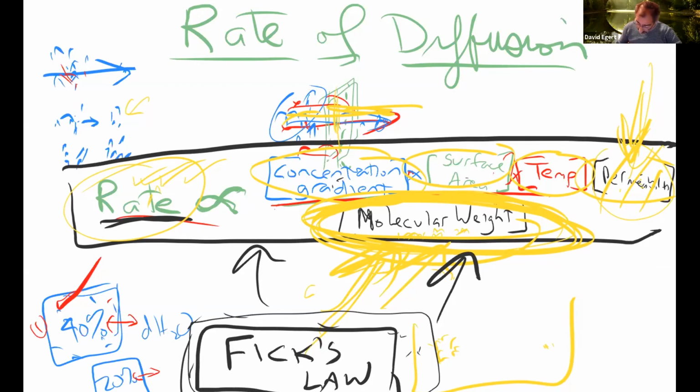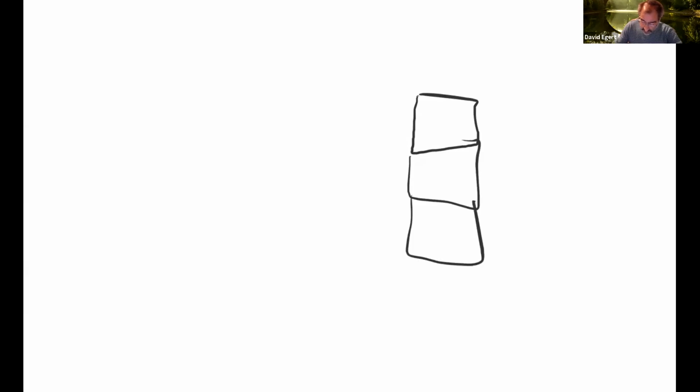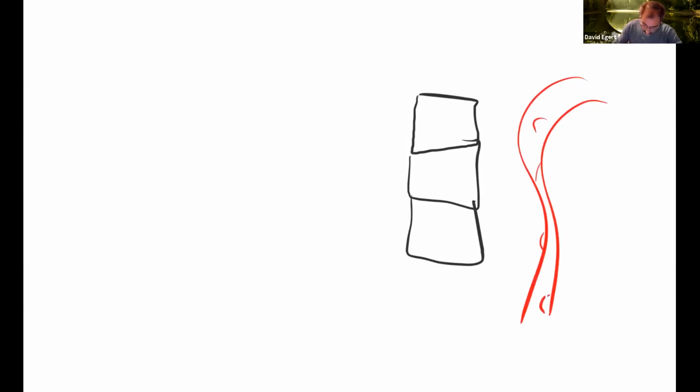Because that's why, like in your digestive tract, right? If I have my cells here, again, you're going to have your bloodstream here. You've got your nutrient molecules here, and you have to bring them across. If I have this situation, I have a certain rate of diffusion.